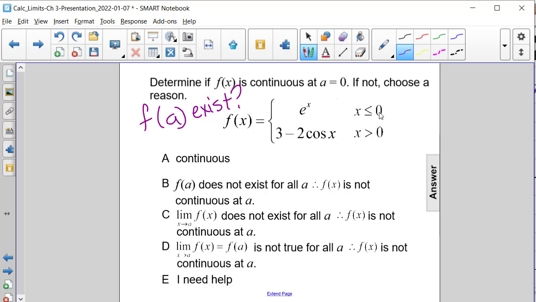For x being less than or equal to 0, we substitute it in here. For x being greater than 0, we substitute it in here. And neither of these pieces of our function contain critical values where jumps, holes, asymptotes, etc. occur. So therefore, B is not our answer choice here because f of a does exist.